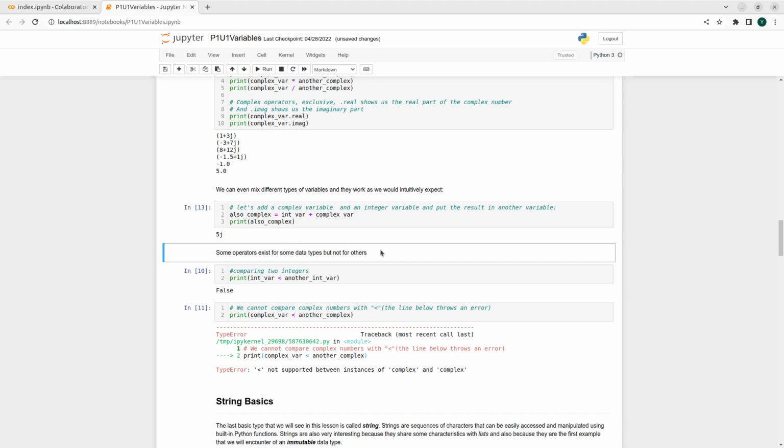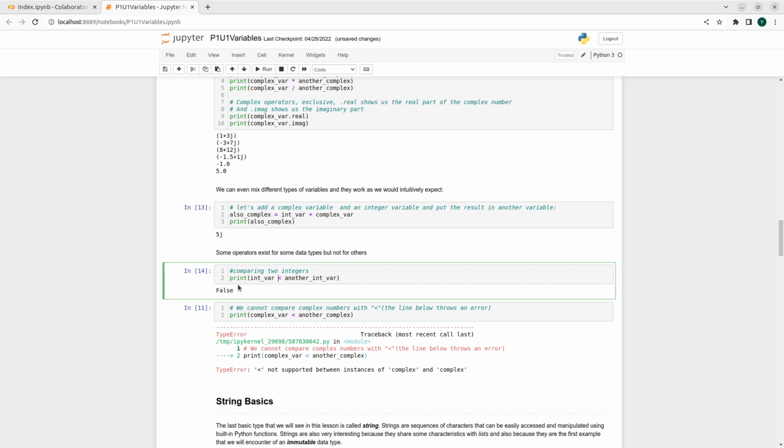Some operators exist for some data types but not for others. So for example, I can check whether I can use the smaller operator, the minor operator, between integer variables. So is int variable smaller than another int variable?